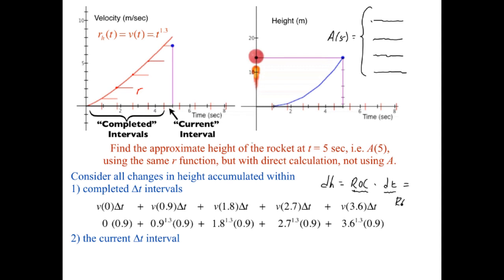So it's going to be the rate of change in the current interval times 0.9 will give us the little bit of accumulated height in that interval. And then to get the total accumulated height at 5, we're just going to keep adding up accumulation from the first interval, second interval, third interval, fourth, fifth, and then the partial interval.